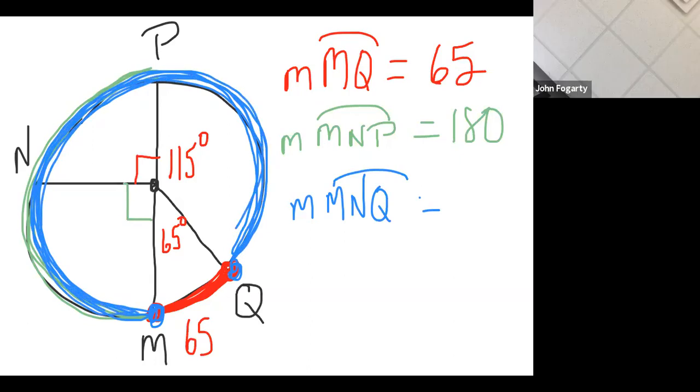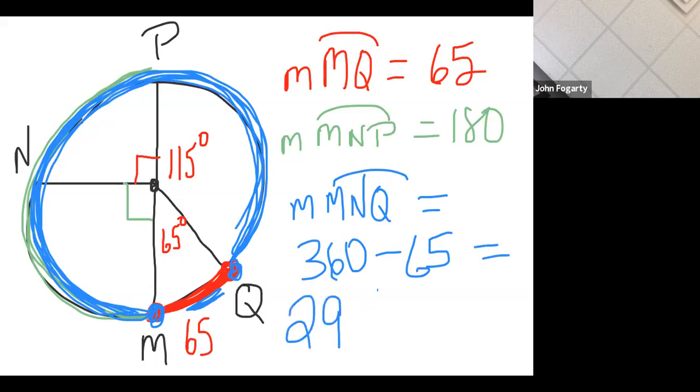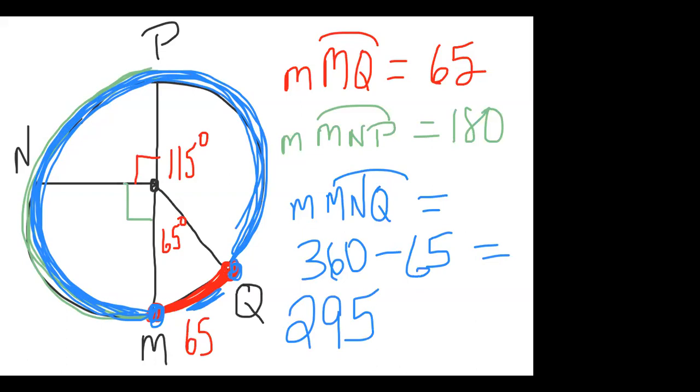Well, if I went from M to M, that would be 360, right? So 360 minus the part I already know. This is 65, so I'm going to subtract that, and I'm going to end up with 295. Does everybody follow that? I don't think it's that big a deal, right?